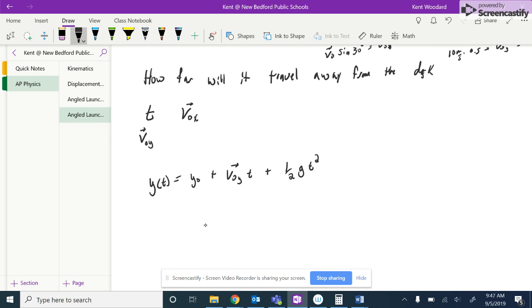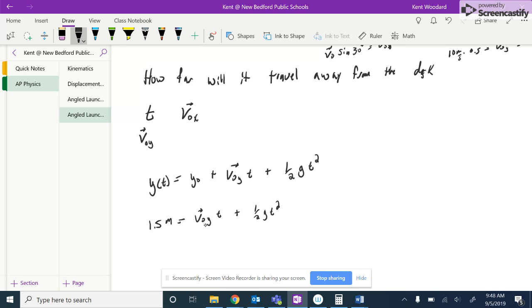So y of t minus y naught is delta y, or 1.5 meters equals v naught y times t plus 1/2 g t squared. Okay, and we have values we can plug in for this, but what you're going to notice is that this is a harder problem to solve.